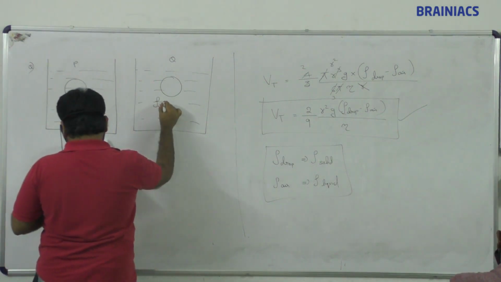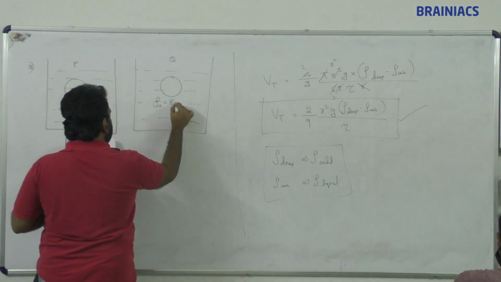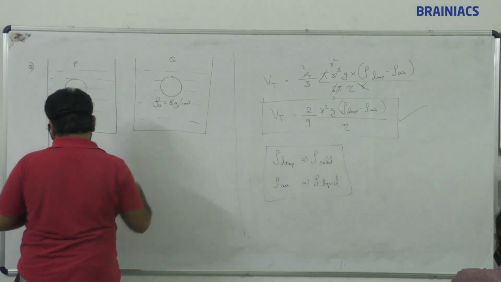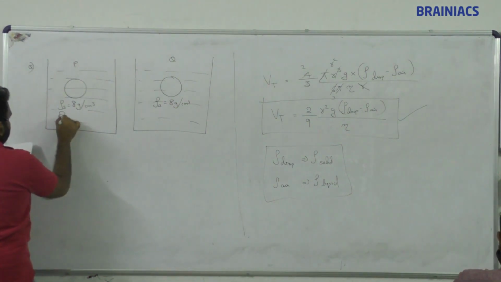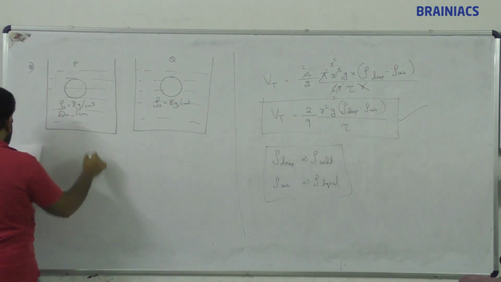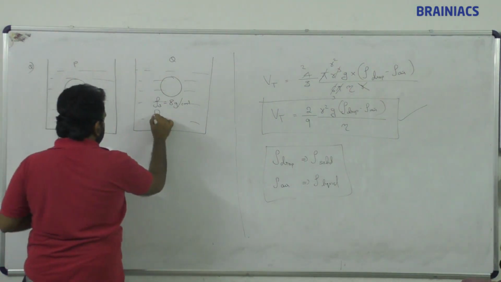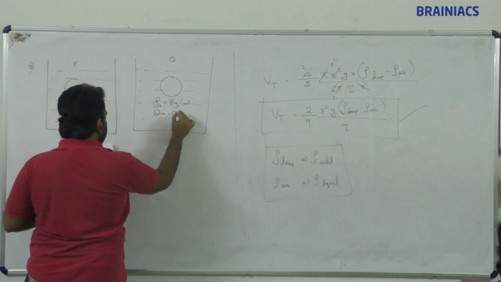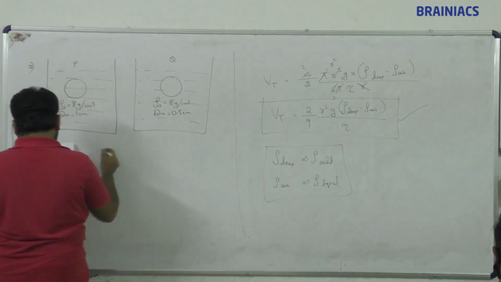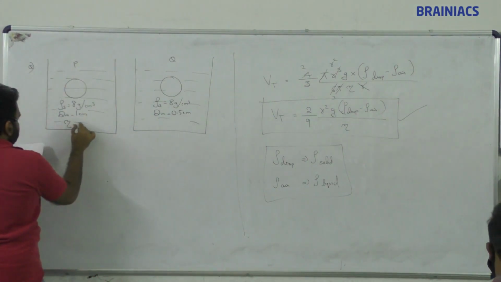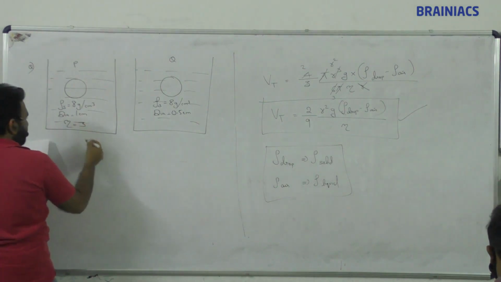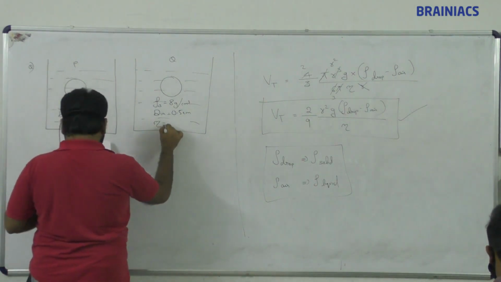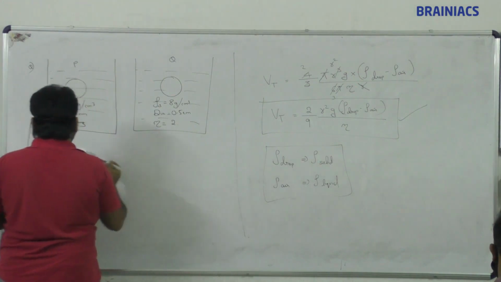Here the density of the solid is again 8 gram per centimeter cube. Diameter is equal to 1 centimeter. In here diameter is 0.5 centimeter. Coefficient of viscosity, here it is 3, here it is 2.